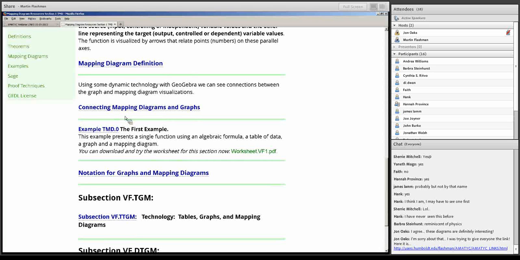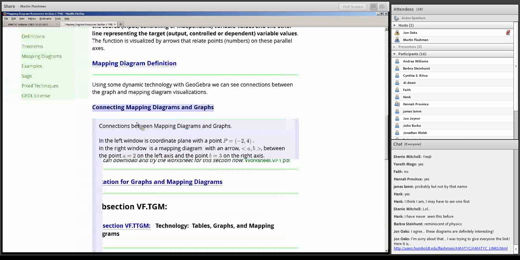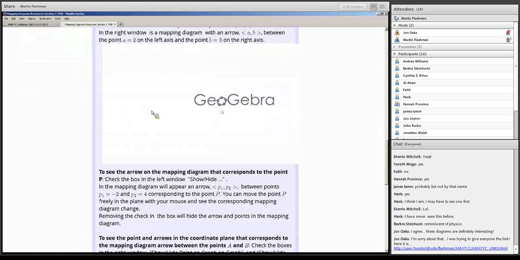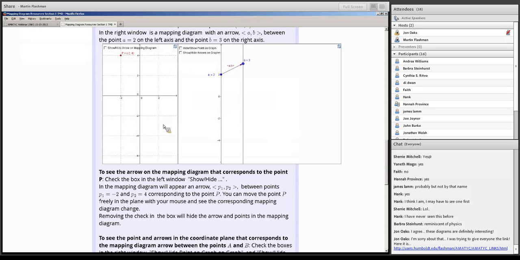Okay, so here's connecting mapping diagrams to graphs. And let's see if this will open up for us. And this is using GeoGebra. So here's a point in the plane, and there's a red line that corresponds to that point.